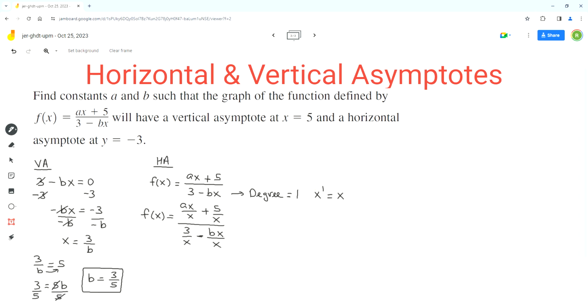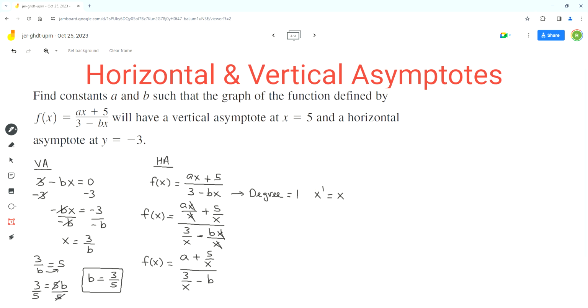In the first term in the numerator, the x's get cancelled out, so we are left with a plus 5 over x in the numerator, and in the denominator the first term stays as it is, and in the second term the x's get cancelled out and we are left with minus b.